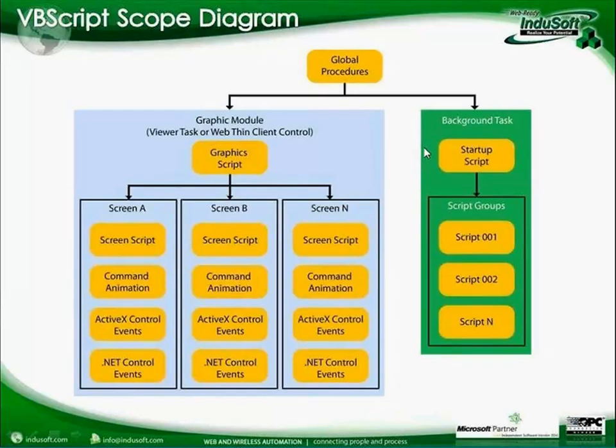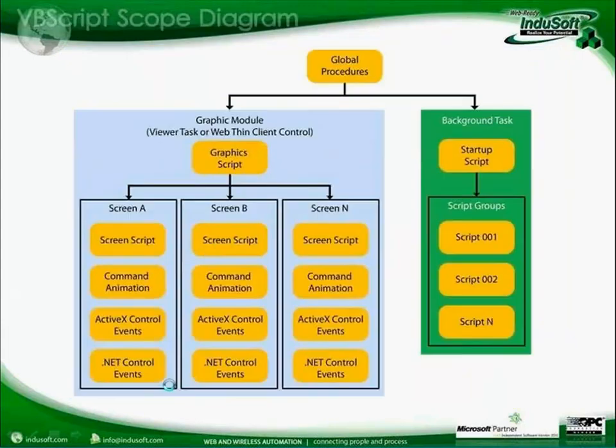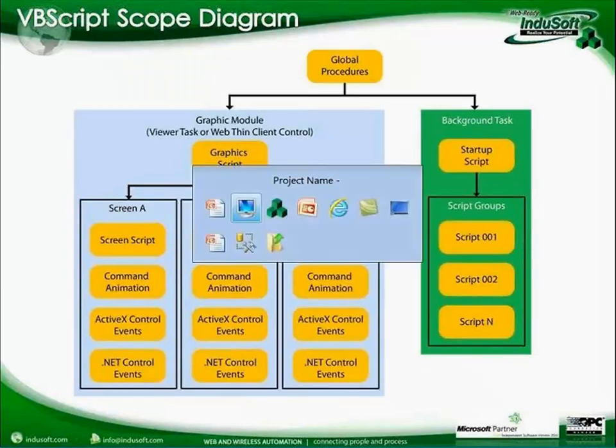However, where are the global procedures executed? Are they executed on the server, where I have Studio Manager, or where the viewer is running? The answer is, it depends where you call the global procedures from.